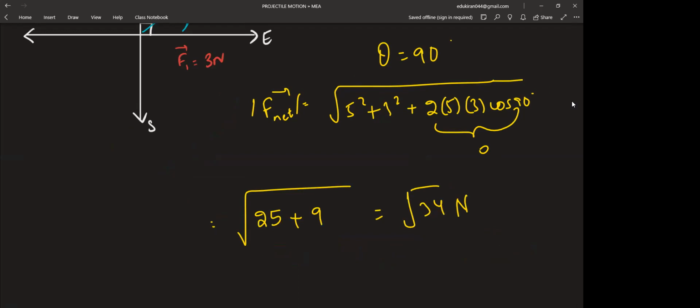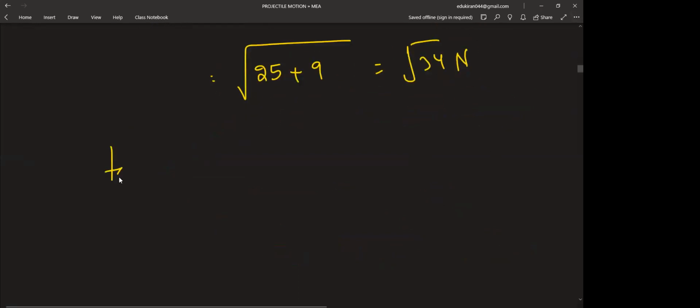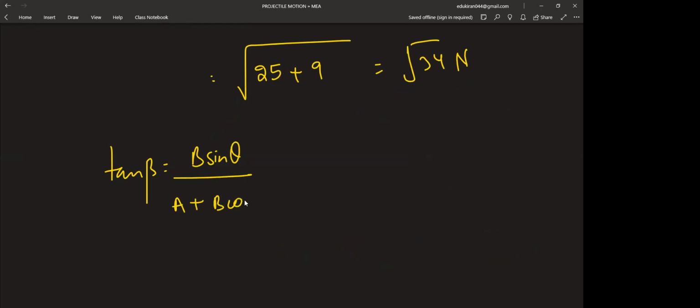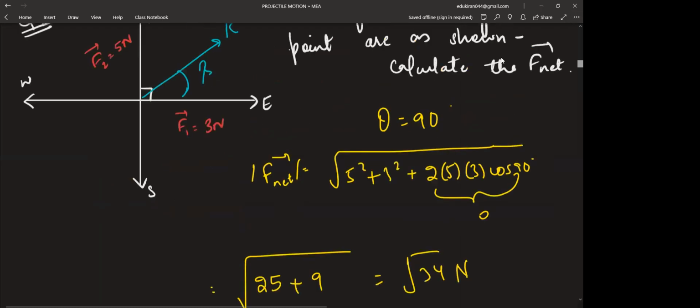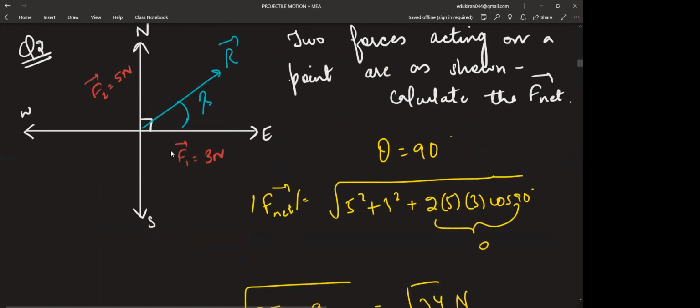This is the magnitude. And for the direction, we'll use tan beta, which is equal to b sine theta by a plus b cos theta. How to decide a and b? Beta is tan inverse 5 by 3. See, beta is made with this, so this becomes a.